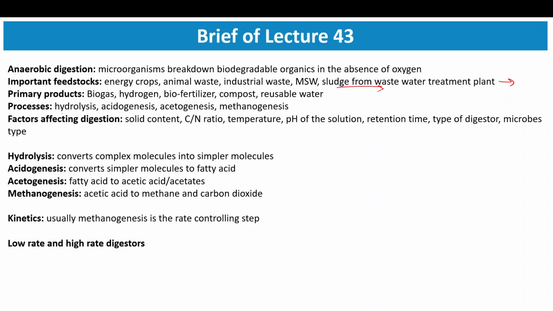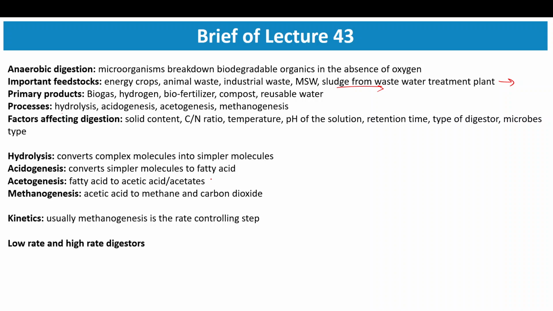Now next is acidogenesis. Acidogenesis converts the simpler molecules formed after the hydrolysis into fatty acids. Okay, so all these are various simpler products after each step. And the last product will be the simplest molecule which could be formed from that organic material.